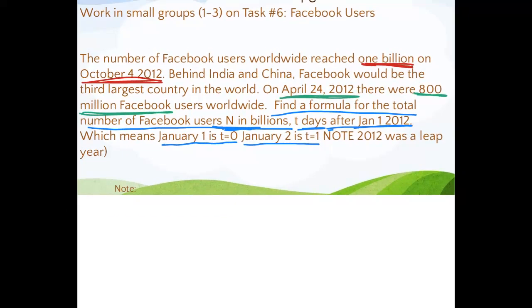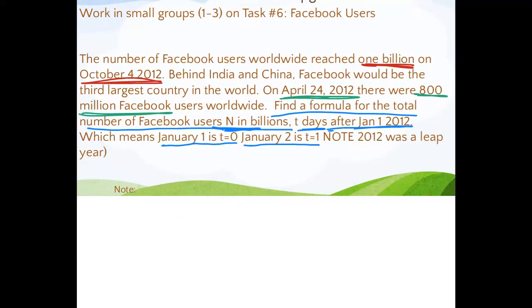In addition, 2012 was a leap year. Do you know what it means if we have a leap year? An extra day, because you may or may not know there are 365 and a fourth days usually in a year. But that fourth day, 1/4 of a day, we don't usually count in a year. We wait until we have 4 of them.